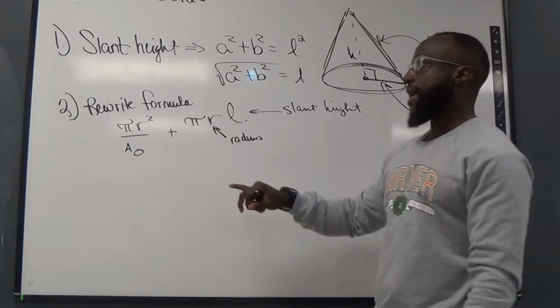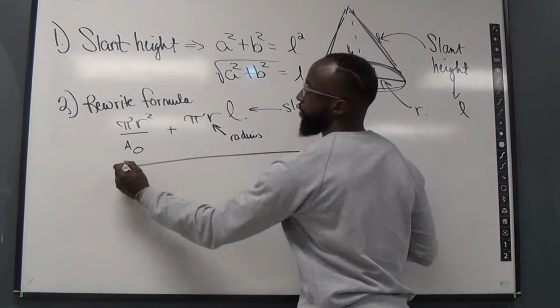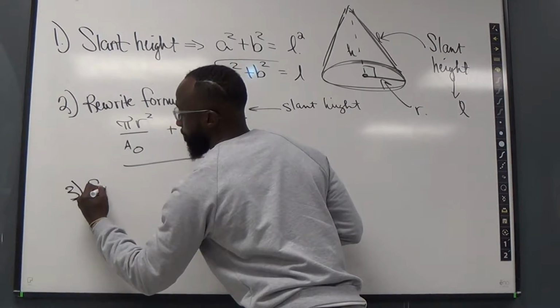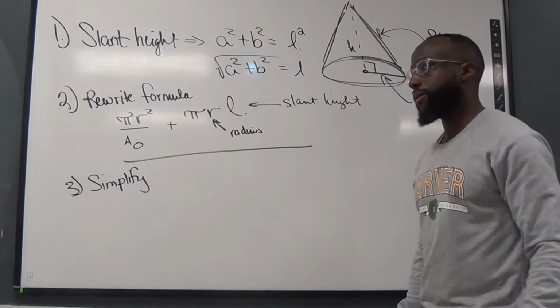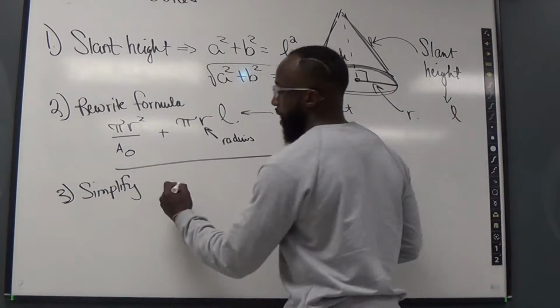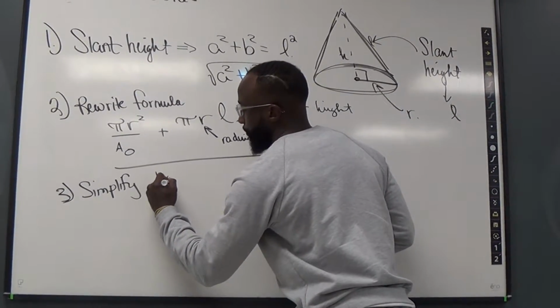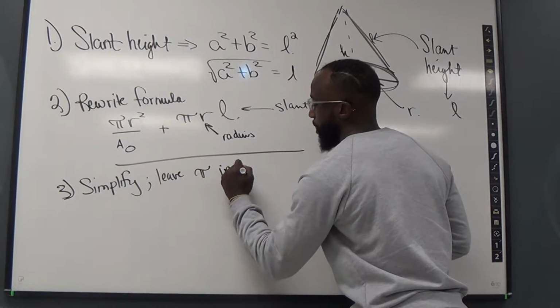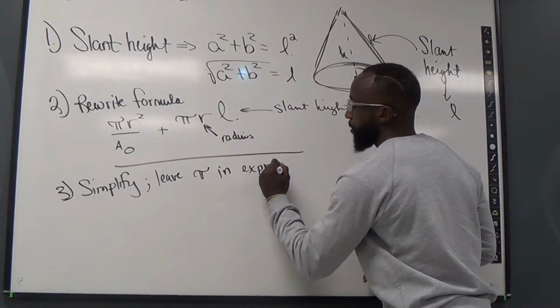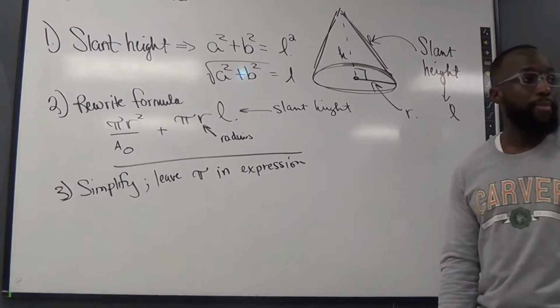Once you find your slant height and rewrite the formula, the next thing you want to do is simplify. You want to simplify the formula, and when you simplify, you're going to leave pi in the expression. Do not multiply by pi.